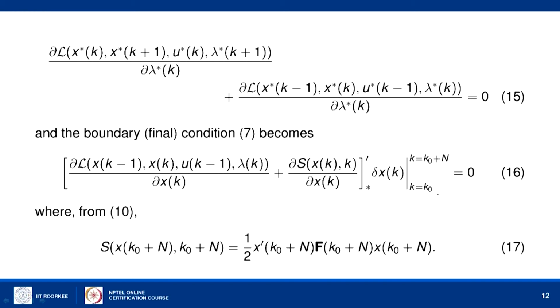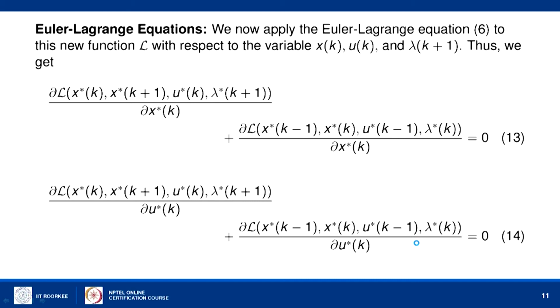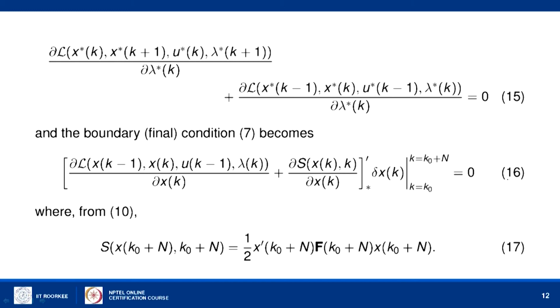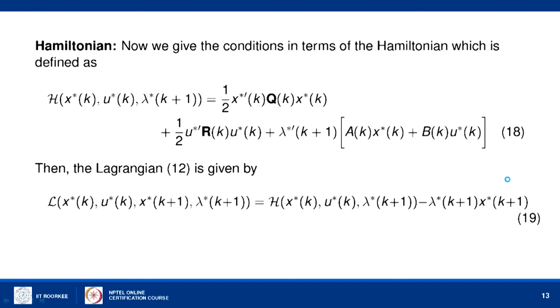This gives the boundary condition because S is only a function of x of k, not u of k or lambda of k. So, only the boundary condition involves the derivative with respect to x of k, where the function S is given by the linear expression which we have seen. These equations, 13, 14, 15 and 16, constitute the necessary conditions for getting the optimal control solution.